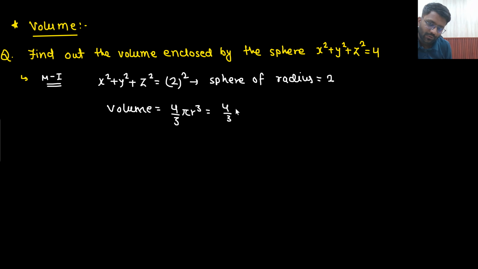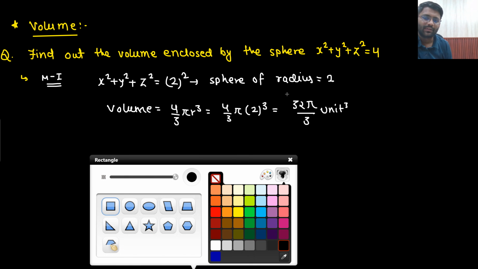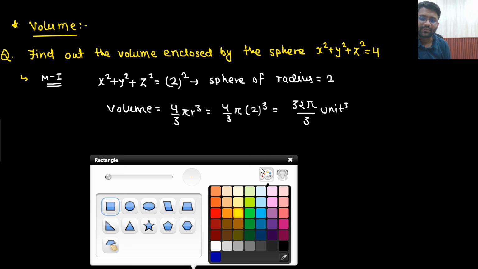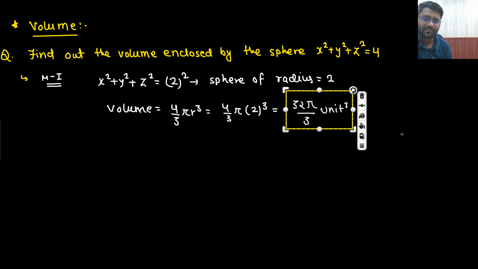So what will be the answer? 4 by 3 pi r cube, right? So that would be 32 pi by 3 unit cube. This will be the answer. So, sir, the answer we already know. But this is not how we are supposed to solve it. We are supposed to solve it with respect to calculus, right? So let's apply the calculus.